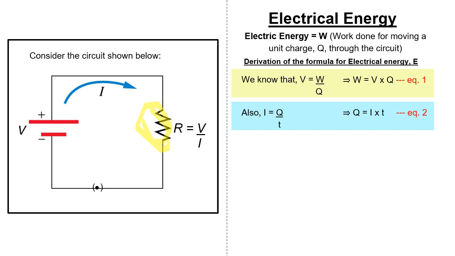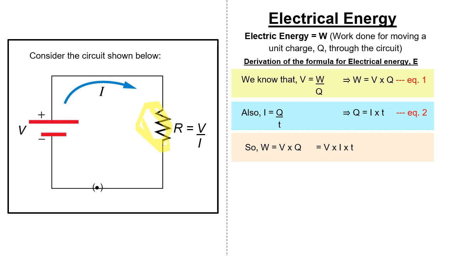All right. So look at W. W is the electric energy. I'm going to put this equation 2, that is charge Q, and I'm going to replace this Q in the work done with I into T. So let's look at how that's done. In equation 1, we see W is equal to V times Q, and then replacing Q by I times T, I get work done is equal to potential difference times current times the time taken.